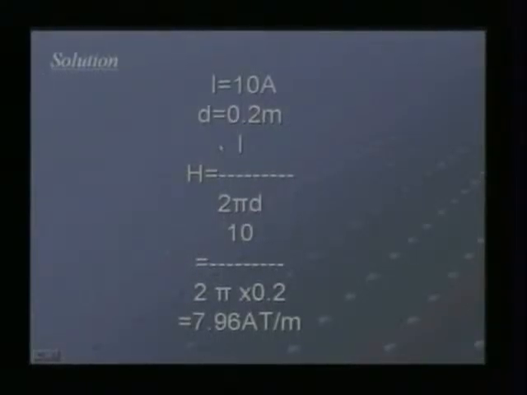Substituting the values, I equal to 10 amperes, d equal to 0.2 meters, we get the total field strength at that point equal to 7.96 ampere turns per meter.